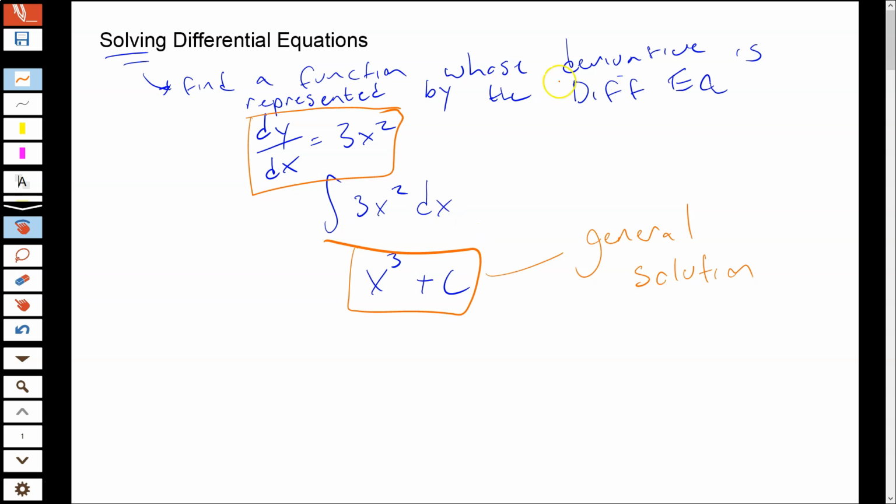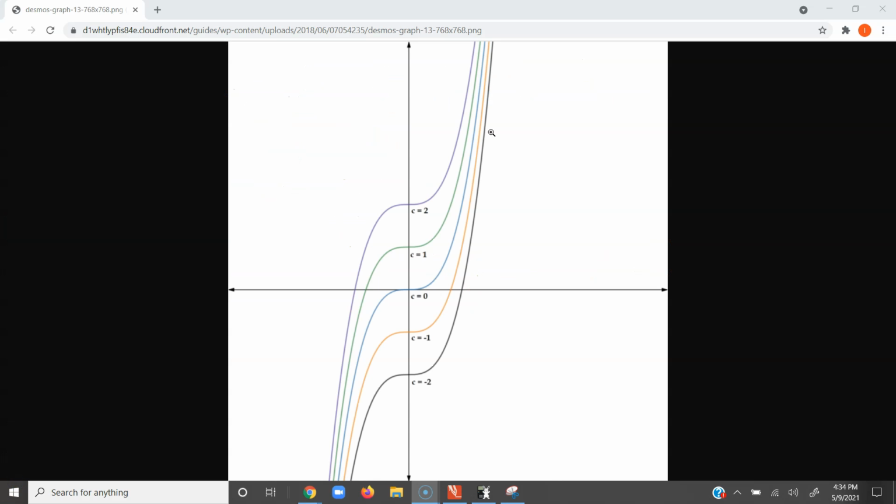Because remember, this could be, and I'll show you what the graphs look like, any number of functions like cubic x to the third functions, depending on what the value of that c is. So in this case, that c shifts it up and down. My particular solution would be any one of these graphs.